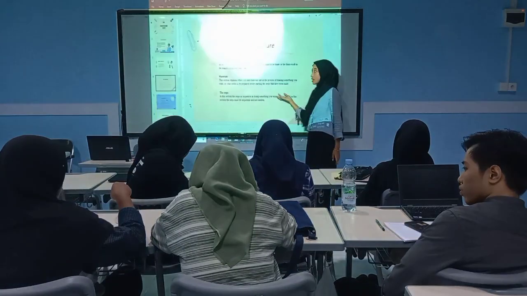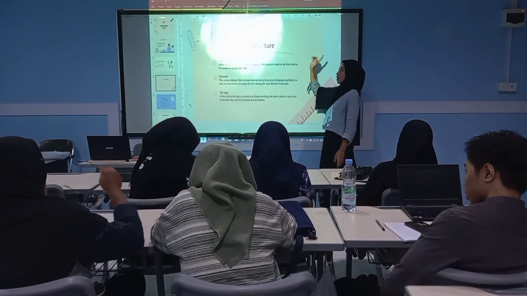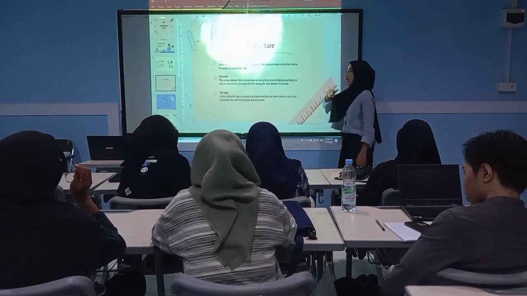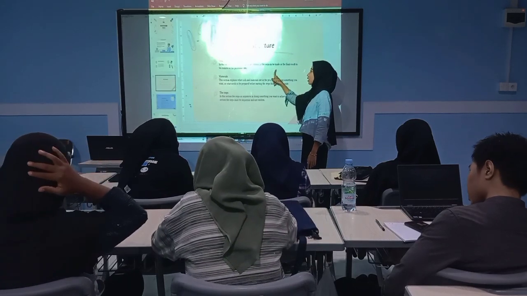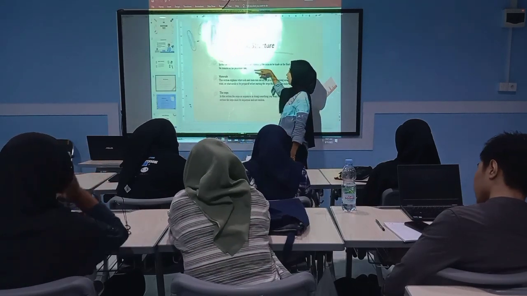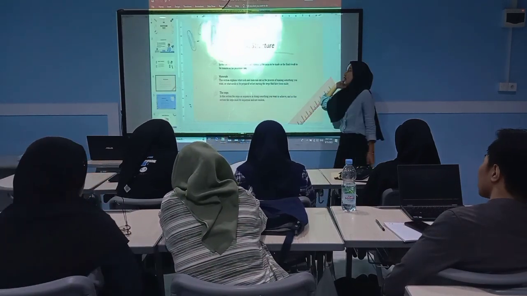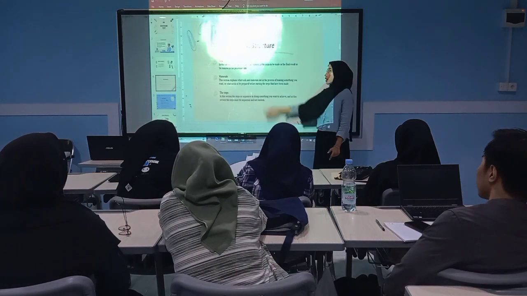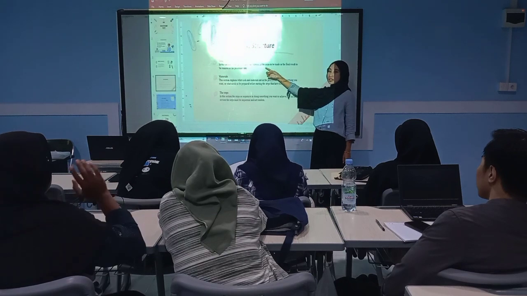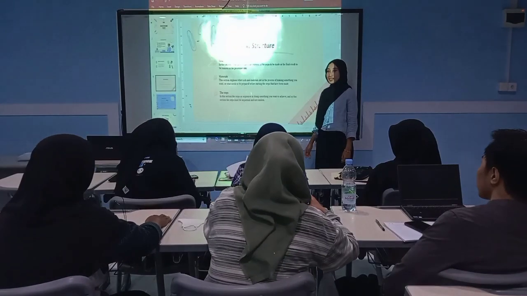Okay, now let's move to the next material about text structure. There are 3 structures of the procedure text: goal, materials, and the steps. The first one is goal. Can anybody help me read what is goal? Yes, Ira, please.